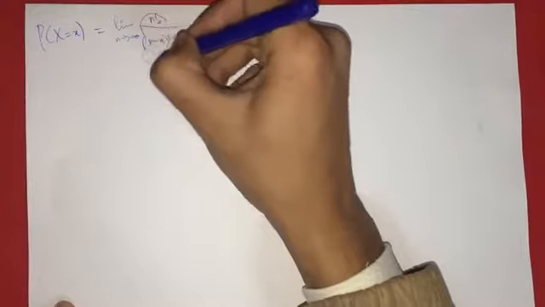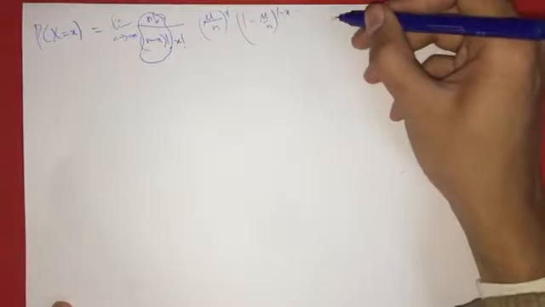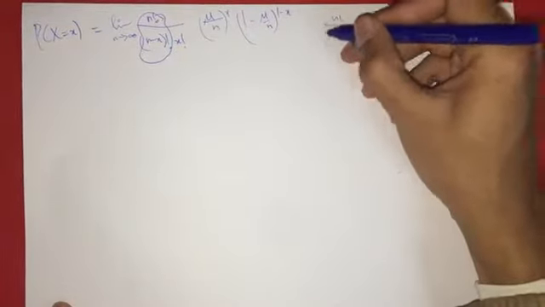So this term is actually equal to n minus x factorial.